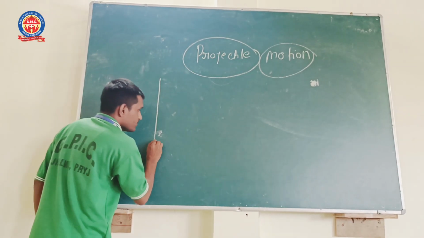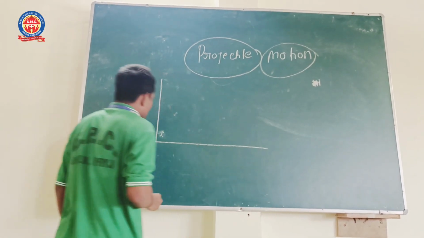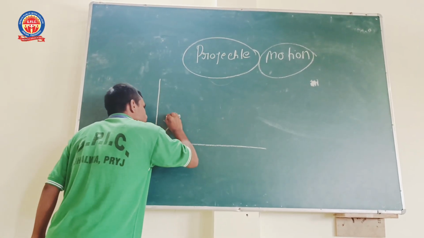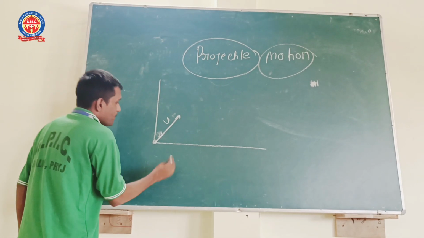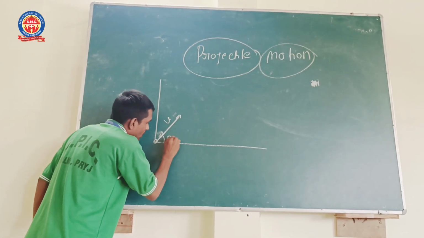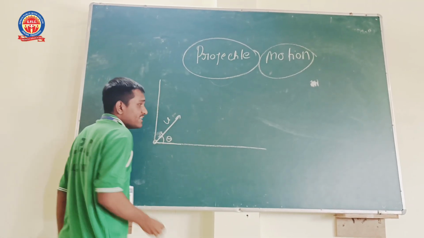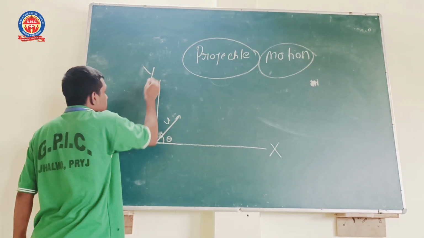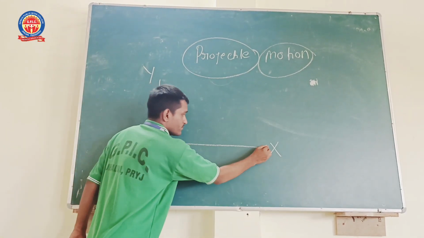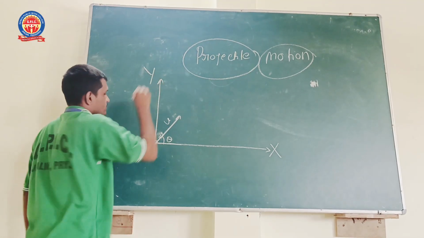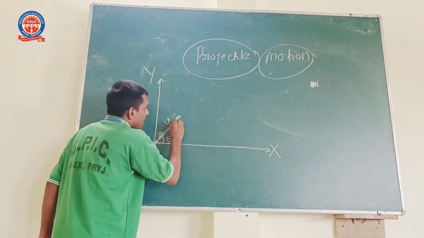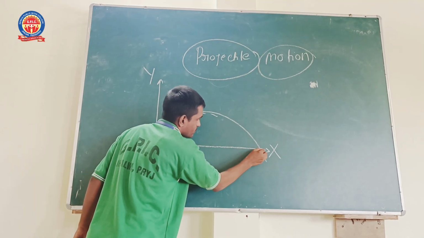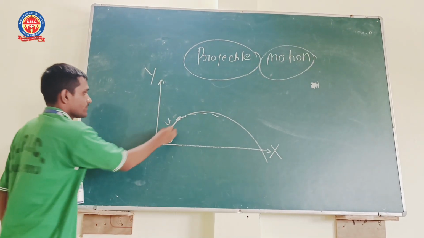For example, an object thrown from the origin with initial velocity u, making an angle theta with the horizontal, that is the x axis, and vertical is the y axis. So the graph will be of this type.